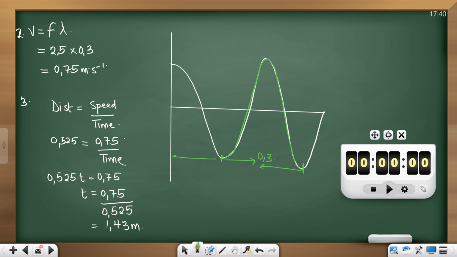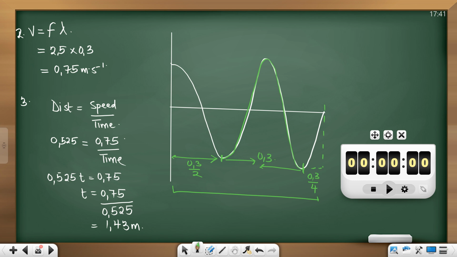That is half. 0,3 divided by 2. This is a quarter. 0,3. Do we agree with this? Let me know first. Do we agree with that? That the total distance there is that. Do we all agree? Let's go step by step.